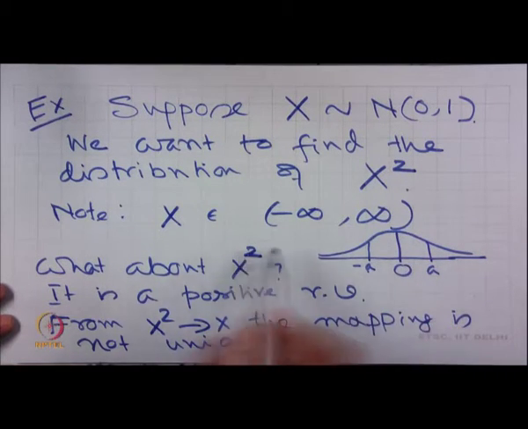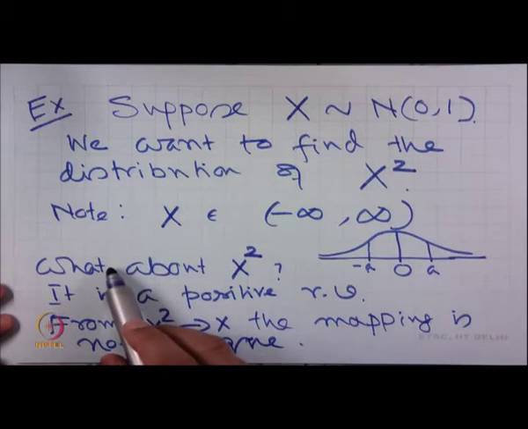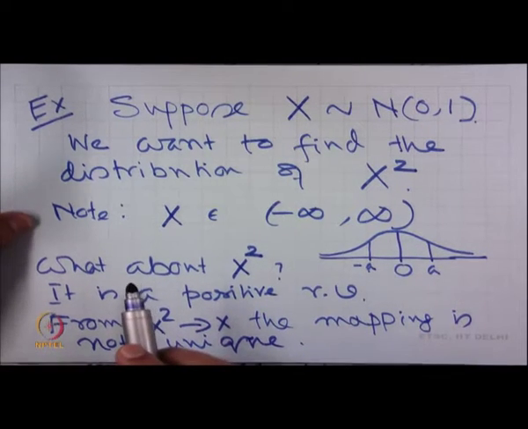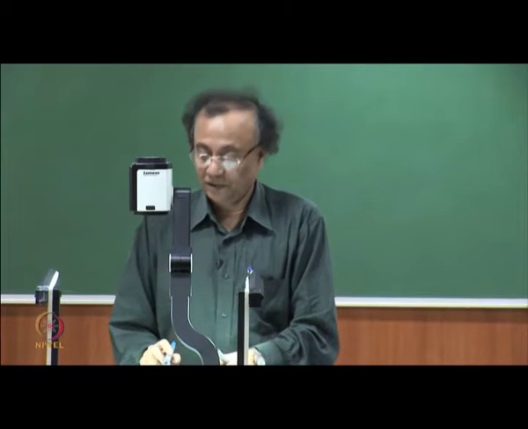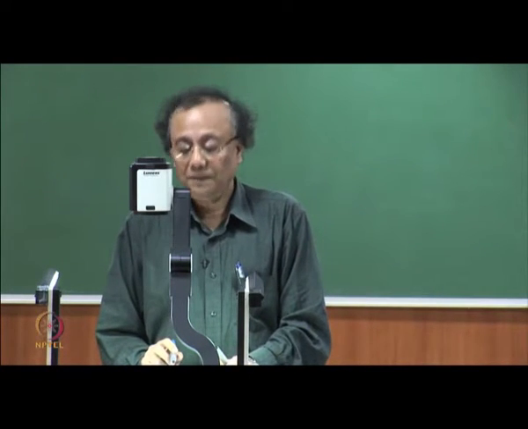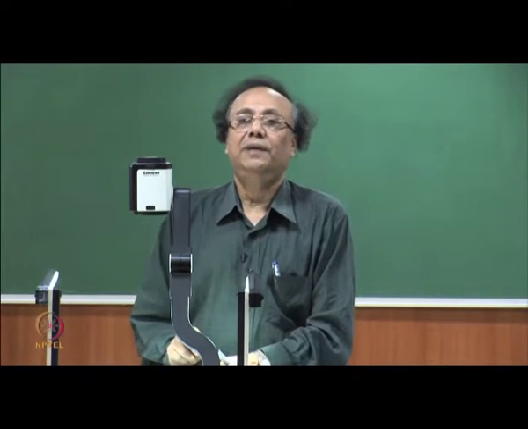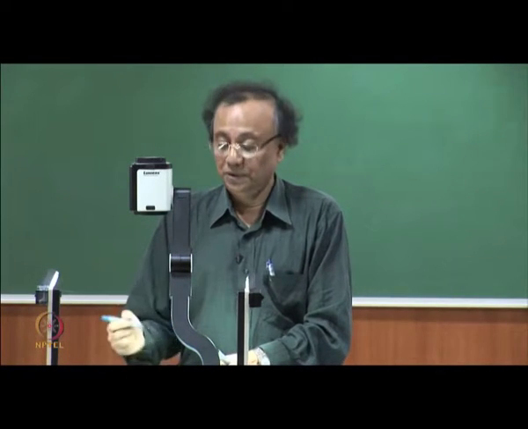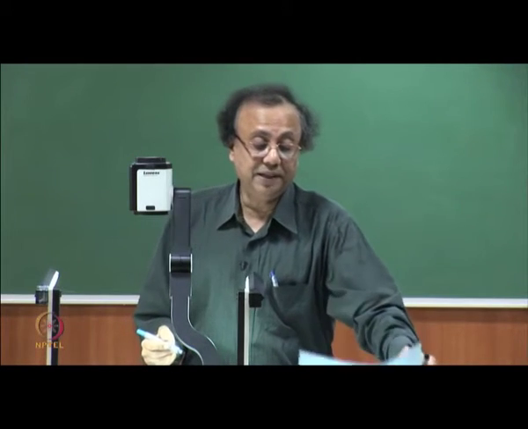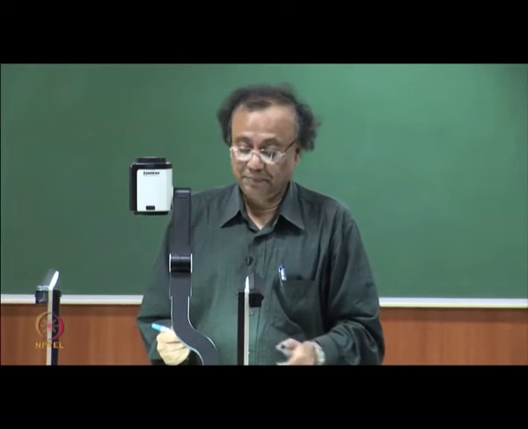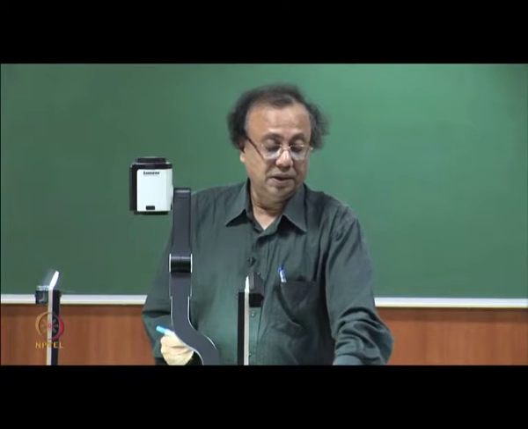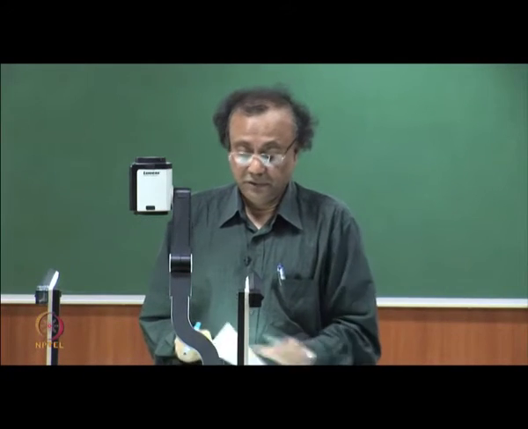Therefore, from x square when I go back to x, this mapping is not unique, as I have explained in my previous lecture with respect to a discrete random variable. If you remember, I took minus 2, minus 1, 0, 1, 2, and from there I explained that the inverse mapping is not there.